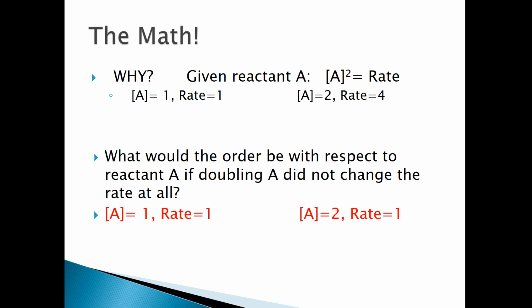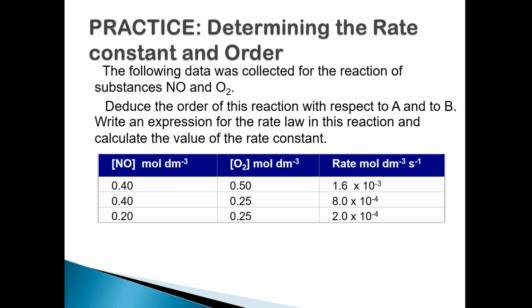Now, if doubling the concentration doesn't change the rate, then making A 2, the rate would still be 1. So we know that raising anything to the 0 power will give you an answer of 1. So if doubling the concentration of a reactant does not change the rate at all, then it would be 0 order.